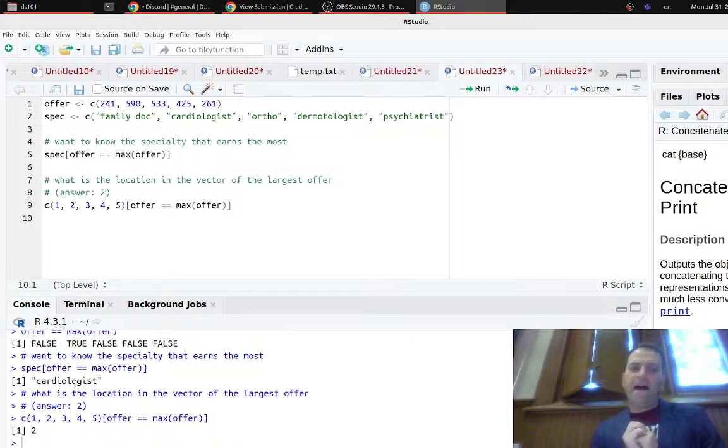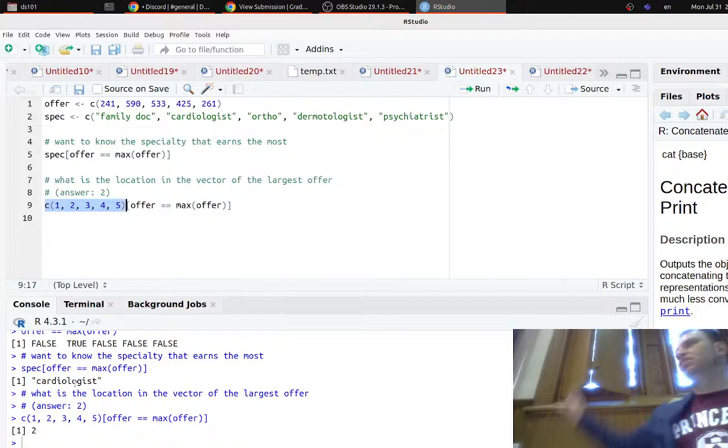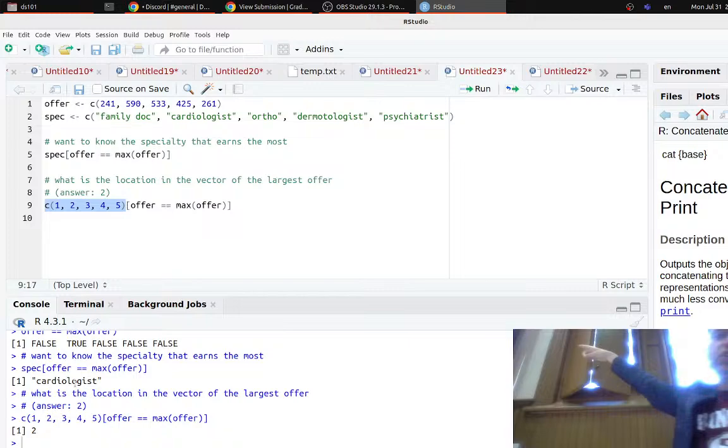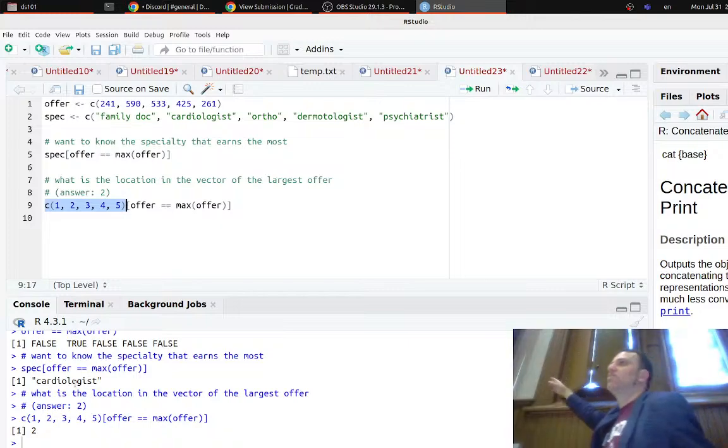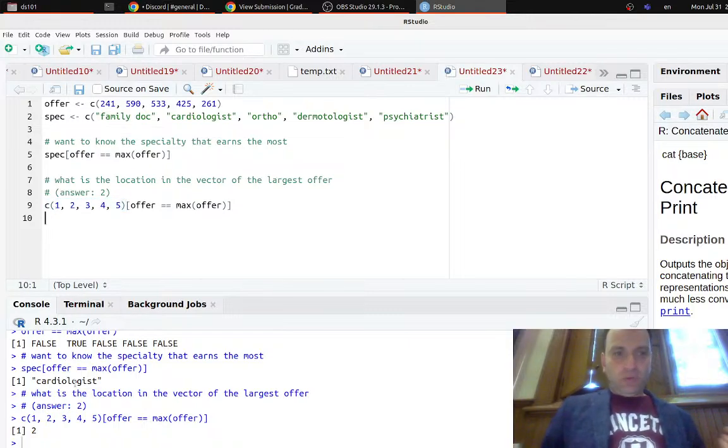There is a bit of a problem here, which is that this assumes that I know the size of offer is 5. It wouldn't work if the size of offer had been 12, if I had 12 specialties. So there is a way to do it.